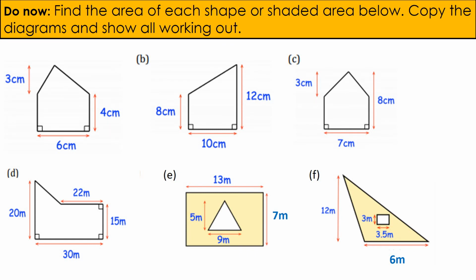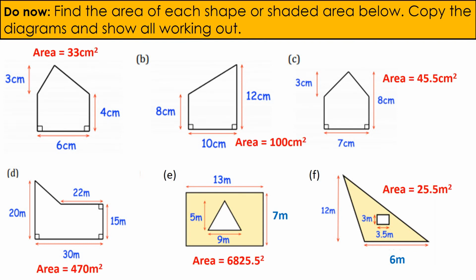Right, let's have a look, see what your answers were, see if I got them right, compare our answers together. There's my 6 answers. There's a metres squared missing on the bottom in E. It should be 6,800. Mark A, B, C, D and F. E, let's go through it.